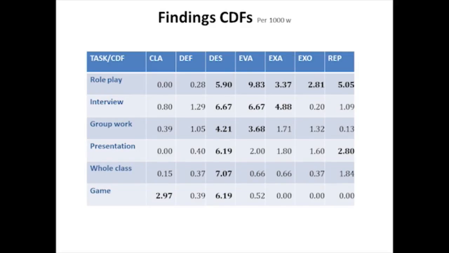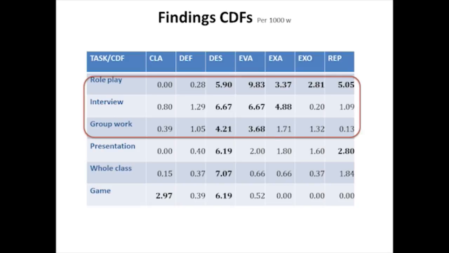Our cutoff point for boldening values was 2.8, and what you can see is that there is, again, a group of task types that has a wider range of discourse functions embedded in them, and it coincides by and large with the richer types of tasks in the appraisal analysis.